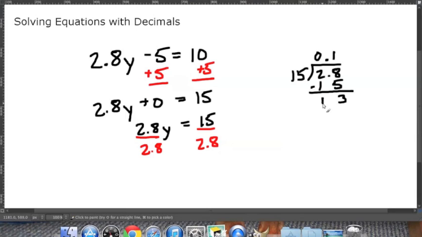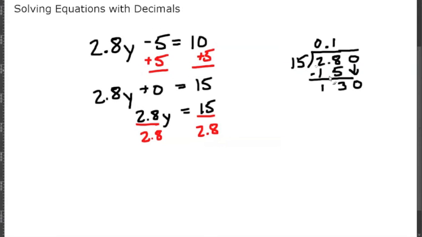So we're going to have 13 left over. How many times does 15 go into 130? 15 goes into 130 8 times. 8 times 15 is 120. So we're going to be left with 10.